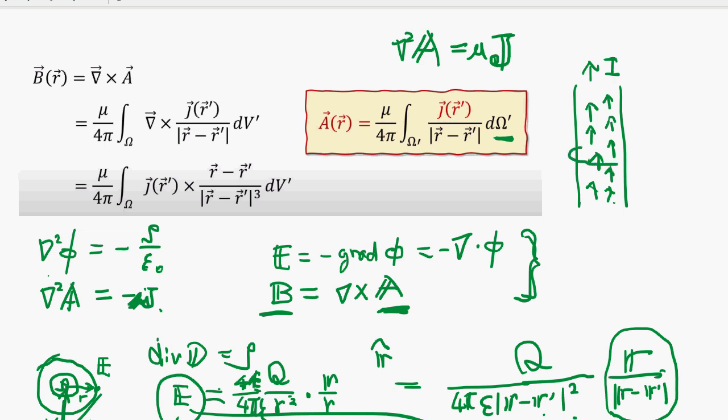So if you take an integral on this area first, it will become I. So vector A of R will be 4 pi and I, and the remaining integral is this line integral.